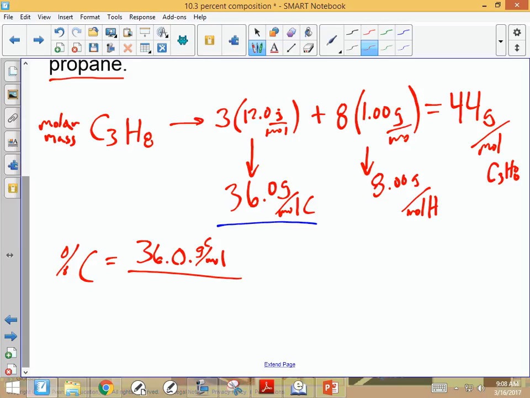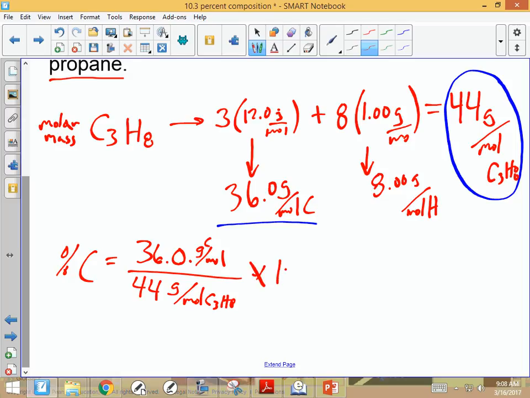And I'm going to put it over the total molar mass for propane. Where's the total molar mass of propane? Right here, 44 grams. So for every mole, or 44 grams of propane, 36.0 grams is carbon. Grams per mole of propane.